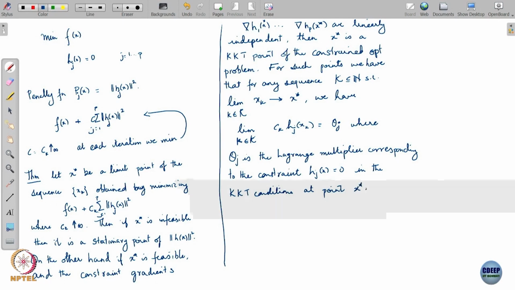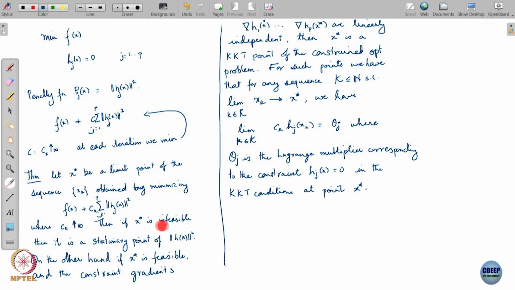So, what does this mean? What this statement is effectively saying is that if you take the sequence of x_k's obtained by solving the penalized problem and look at any limit point x star of this sequence, then you have two possibilities.